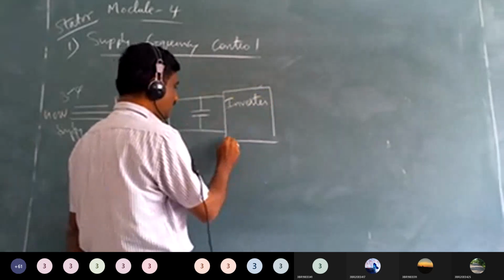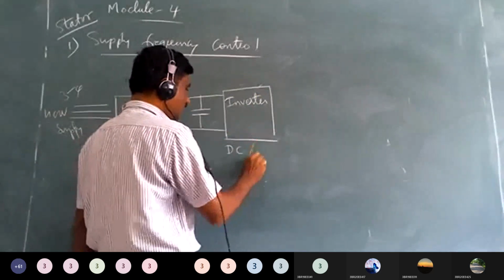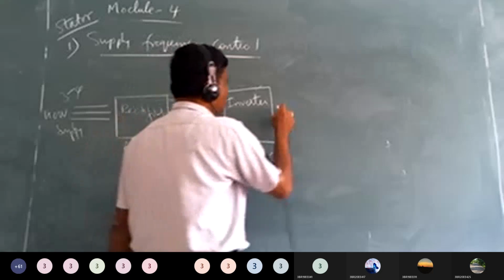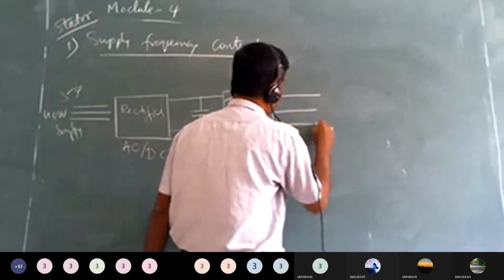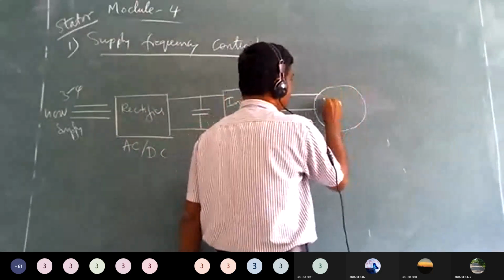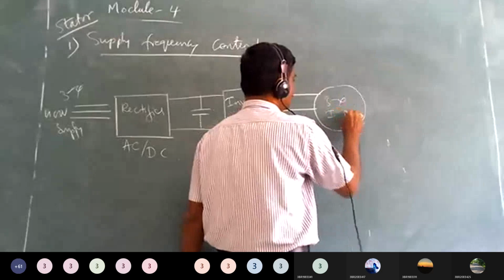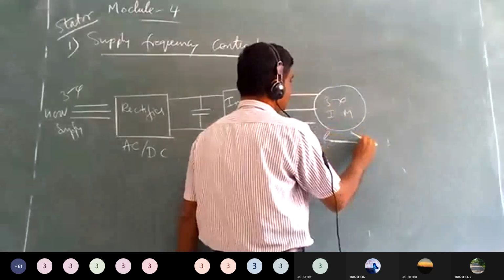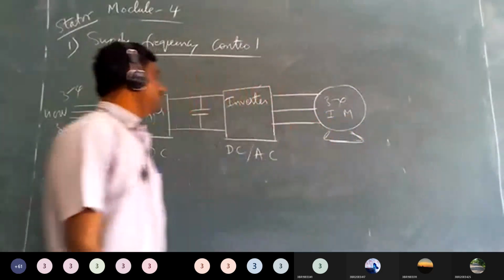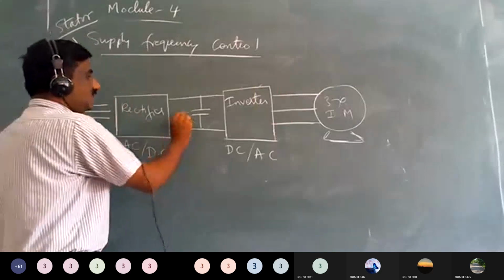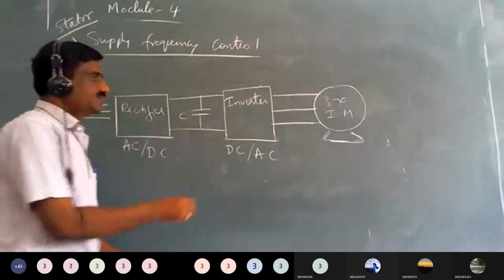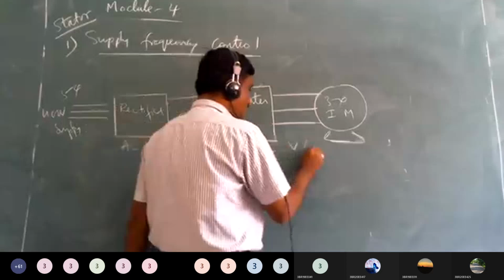What is the function of the inverter? It converts DC to variable AC. Here we are able to change both voltage and frequency. This is the three-phase induction motor, which you will study in higher classes.